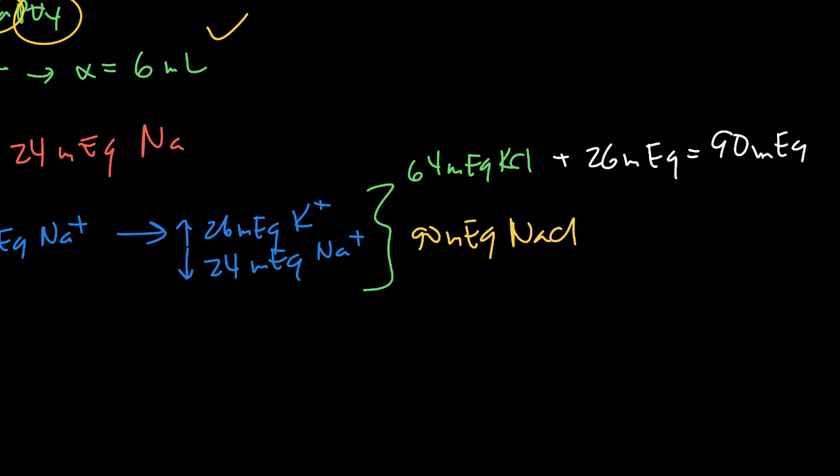Now you want to take out sodium, so 90 minus 24. 24 milliequivalents of sodium. So it's 90 minus 24. It's 76, right? Oh, well, what is it? I don't know. Let me check my calculator. No, that's 66, right?